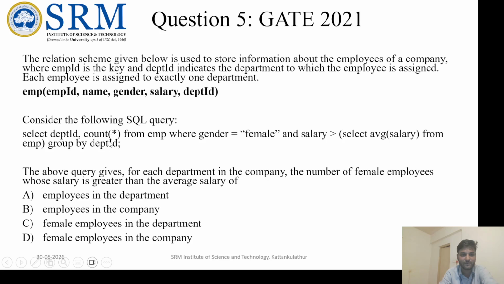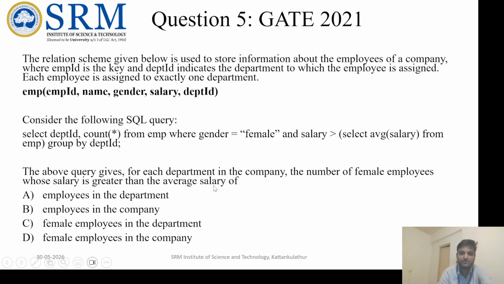Okay, this one. Now the question is: the above query gives, for each department in the company, the number of female employees whose salary is greater than the average salary of employees in the department, employees in the company, female employees in the department, or female employees in the company.